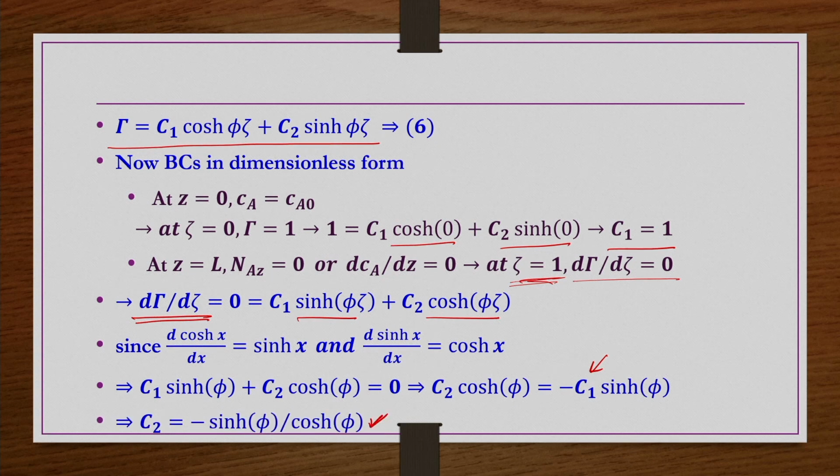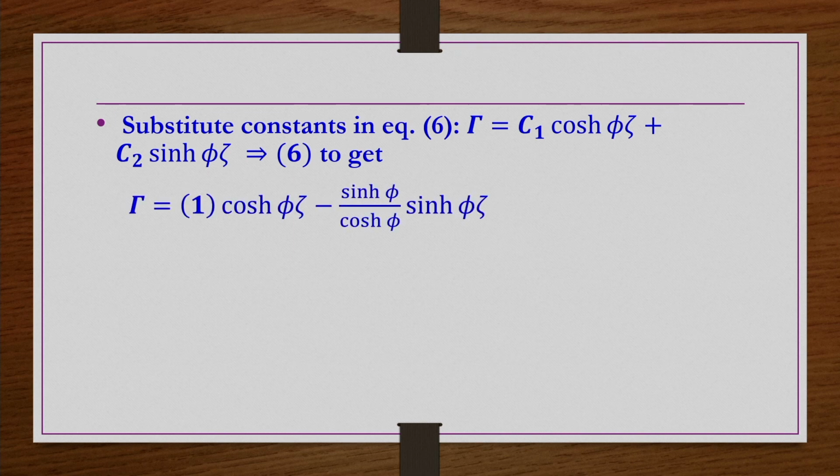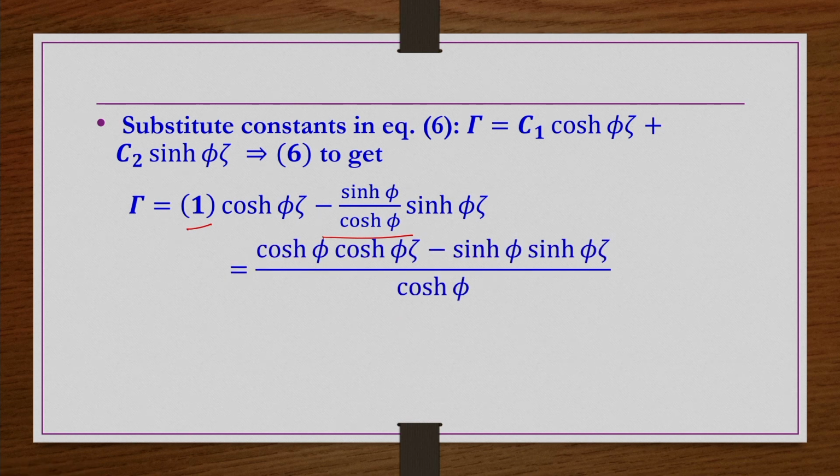Okay. So, now you have C2 and then C1, those things if you substitute in this equation, you have the final solution. So, C1 is 1, C2 is minus sin hyperbolic phi by cos hyperbolic phi. We are not writing it as tan hyperbolic of phi for some reason. So, then what we do? Now, you do the LCM. So, then you have this one.